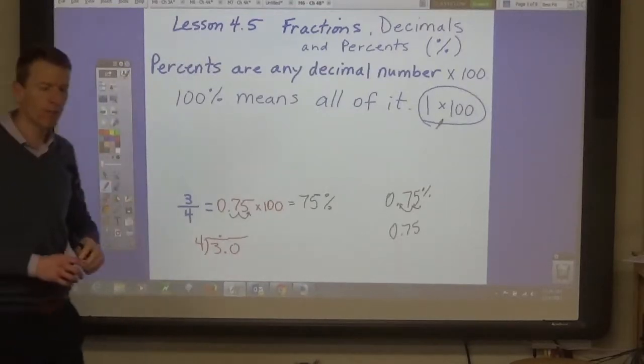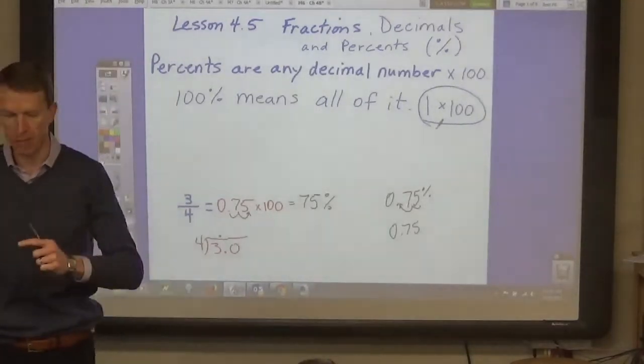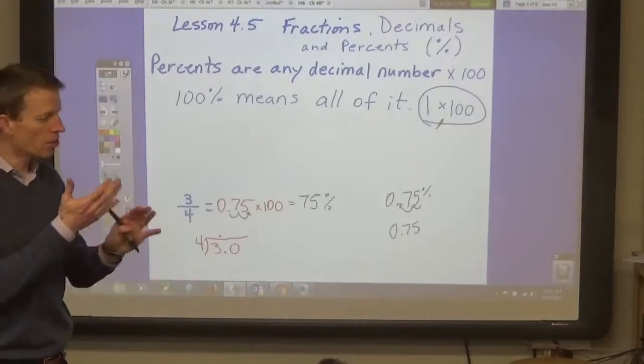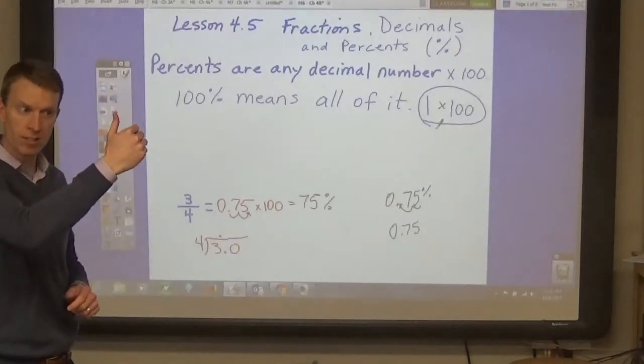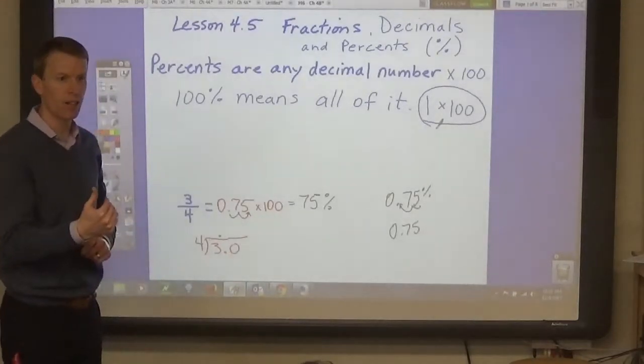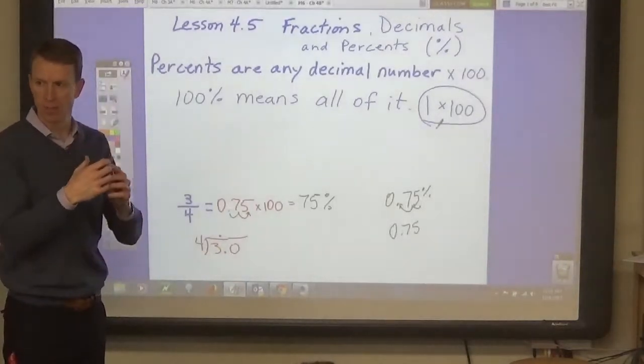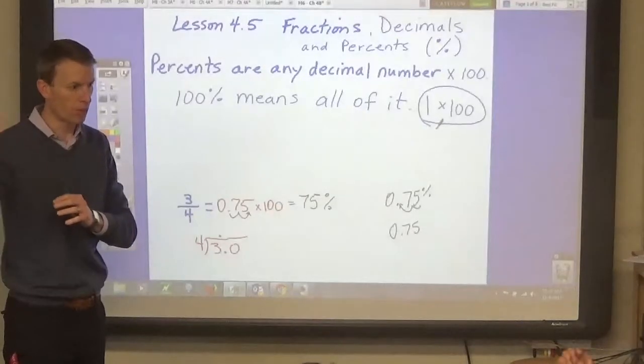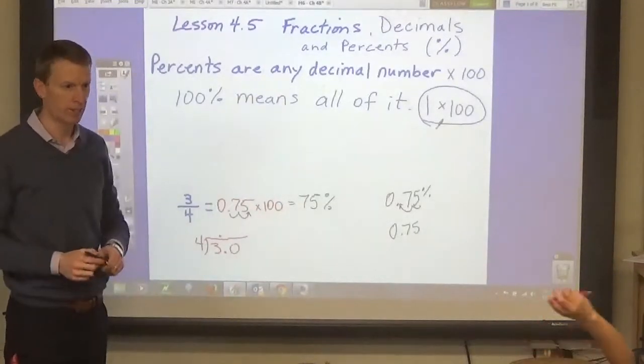So for example, when you find your grade on an assignment, I usually write down how many you got right out of the total, and then that total, based on a decimal and then a percent, gives you the letter grade.